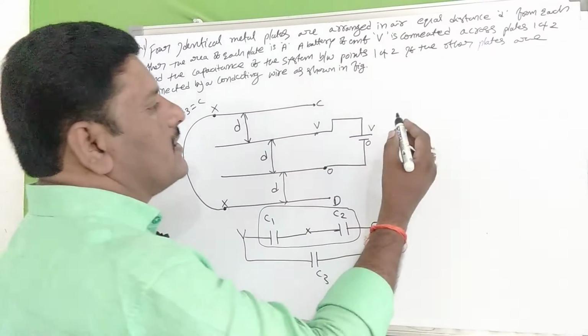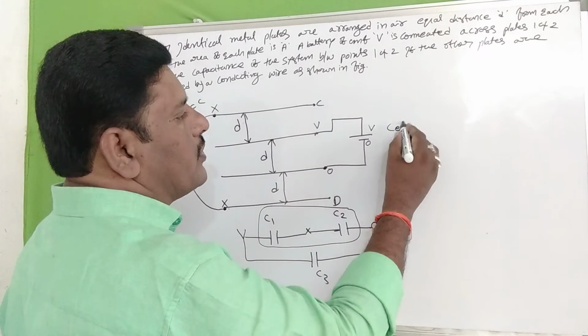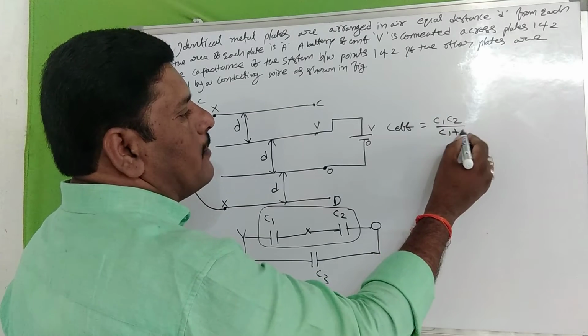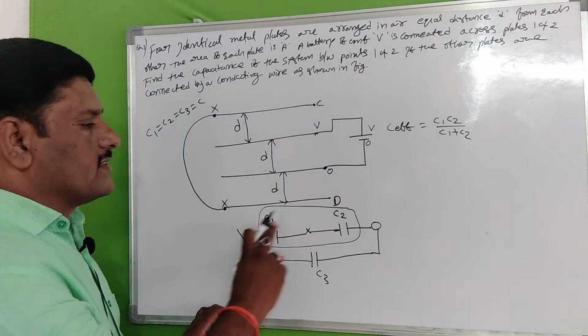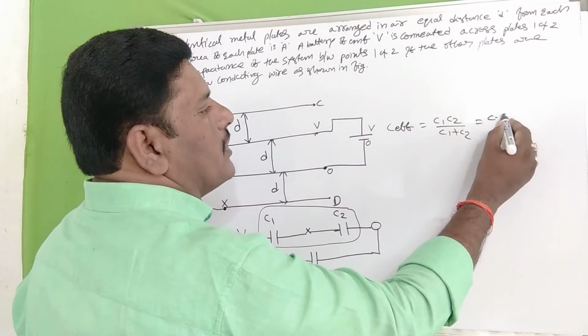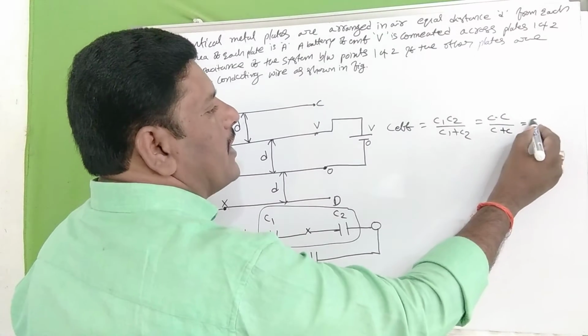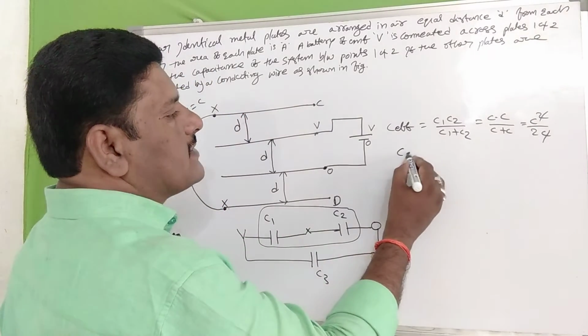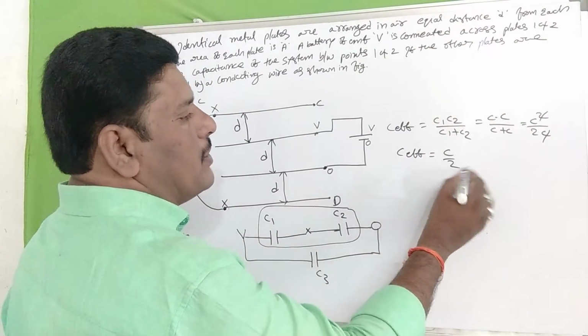For series, C effective equals C1 C2 by C1 plus C2, which equals C into C by C plus C, equals C squared by 2C. C gets cancelled. Finally C effective equals C by 2.